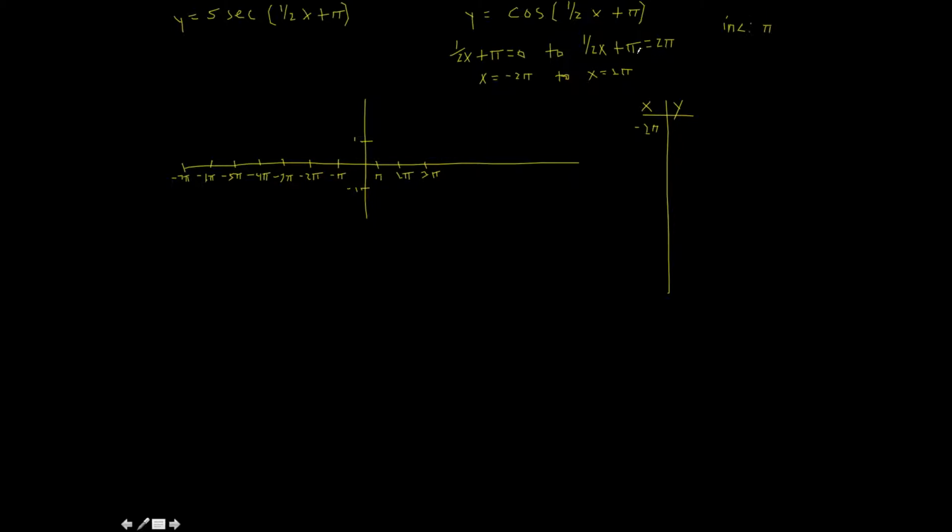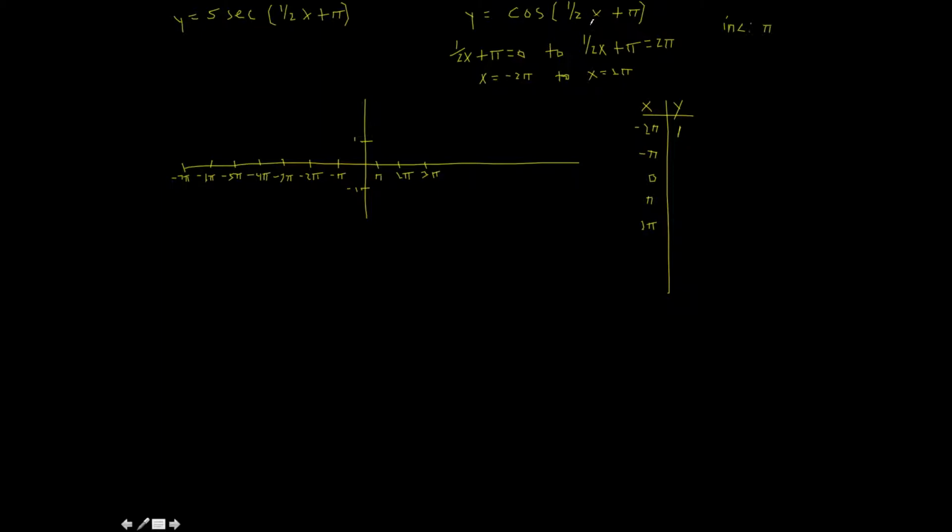So go ahead and do your increment. Okay, so take negative 2 pi, plug it in for x. So 1/2 times negative 2 pi gives us a negative pi, plus pi is 0. So the cosine of 0, if you know your unit circle, is going to be 1.